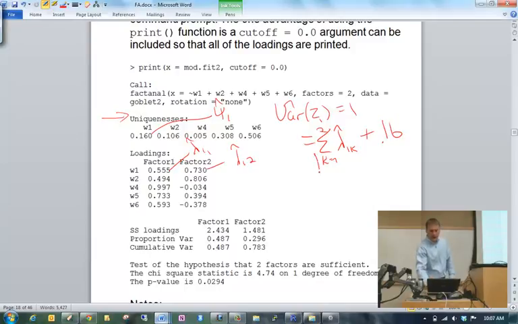So we can see then that the estimated communality, the information that these common factors are explaining about the first variable, is 0.84, or 84%. So we can see, for example, with the sixth variable, the common factors only explain about half of the variation in that particular variable.